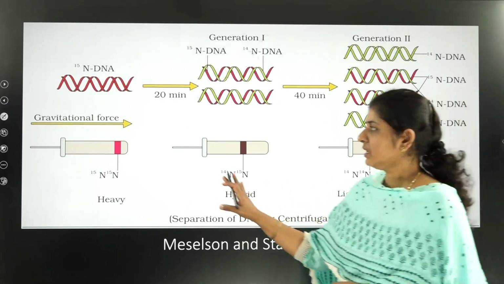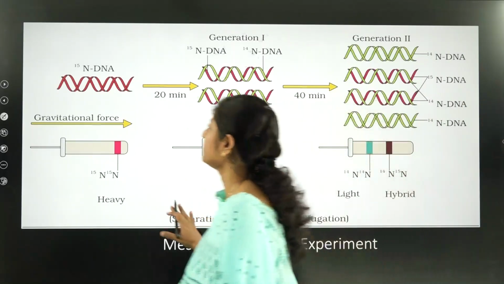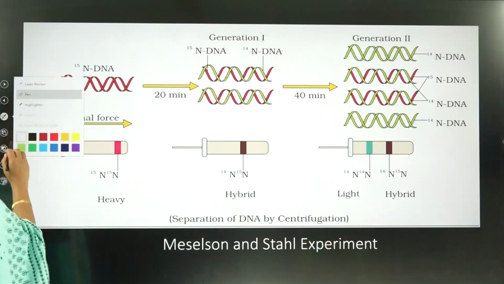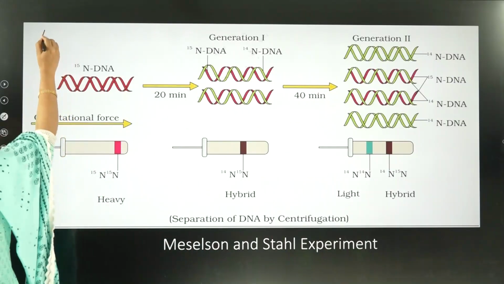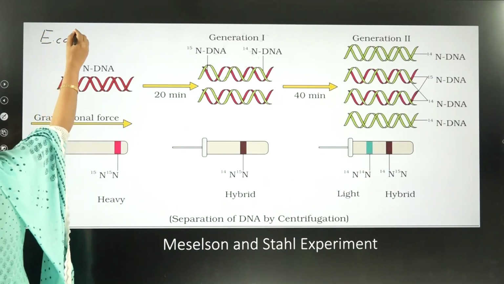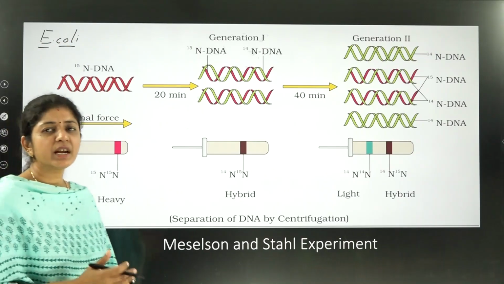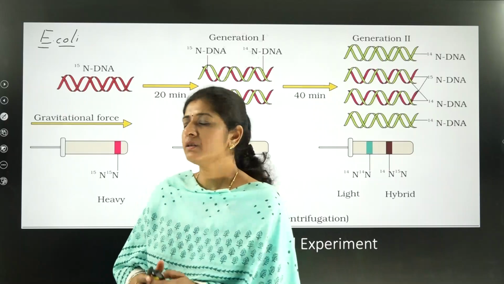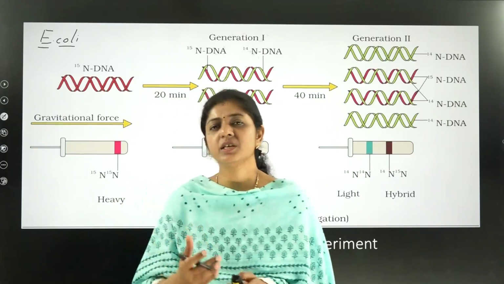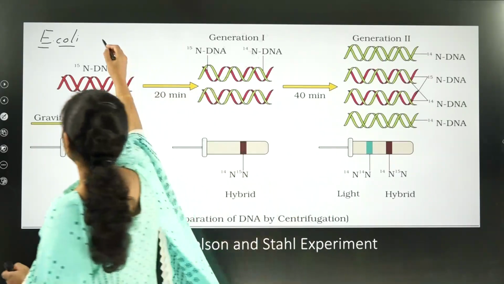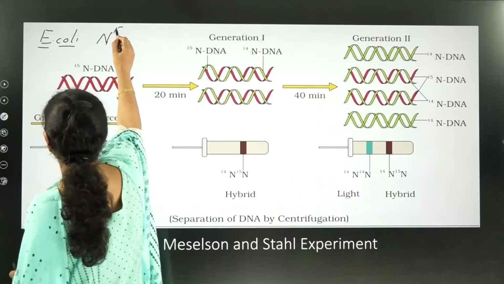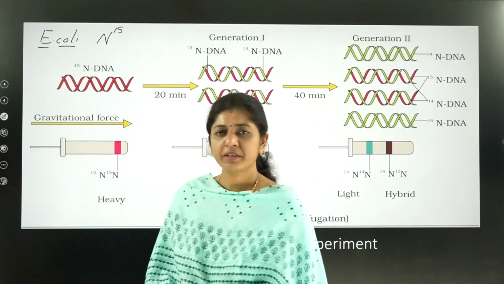Now in this experiment, you must remember that the organism involved is Escherichia coli, which is a bacteria, which is a prokaryote. It has double stranded DNA, right? And what they did, they cultured this E. coli in the N15 medium, which is ammonium chloride.